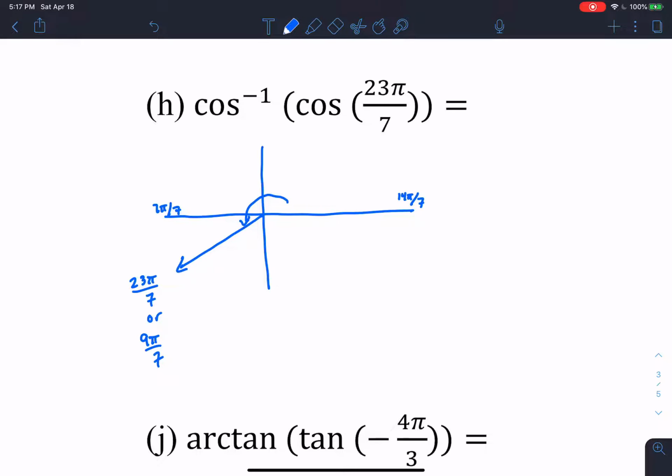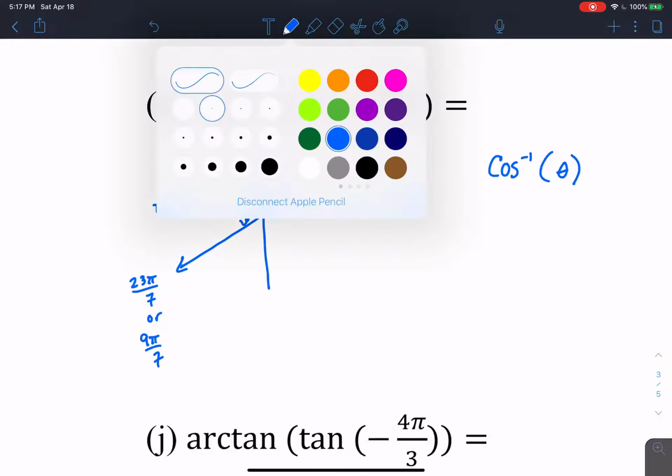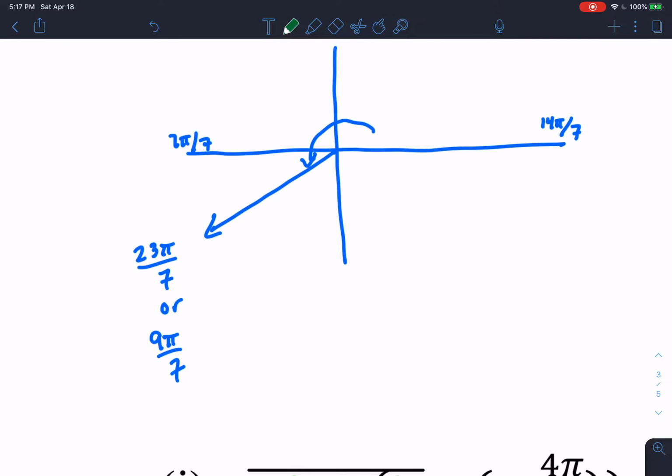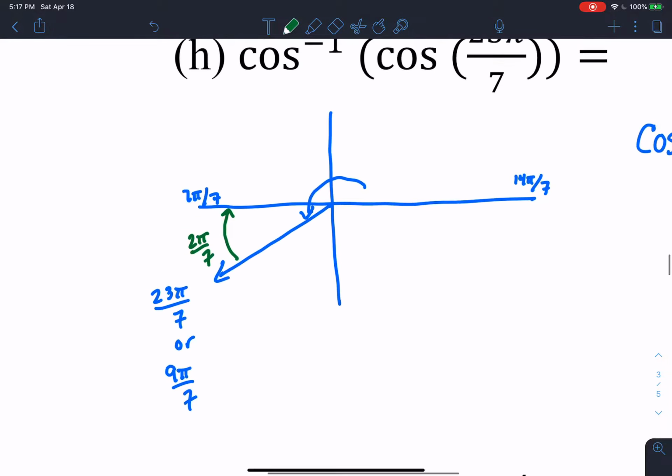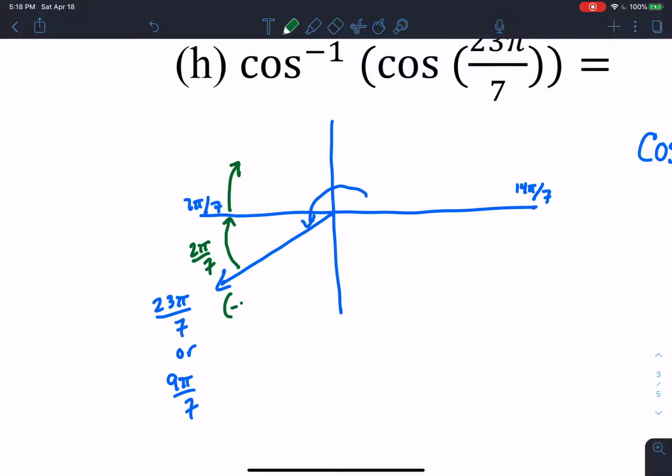Now, when I'm doing inverse cosine of some angle, I have to make sure that it's in the top half of the unit circle. 9 pi over 7 clearly is not. But what's the reference angle? As I go from the angle to the axis, that's 2 pi over 7. So if I go another 2 pi over 7 here, that's going to give me the angle that has the same ratio, because we know that this is negative x and negative y.